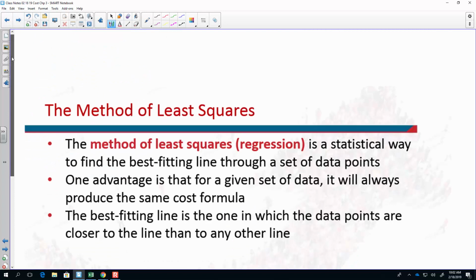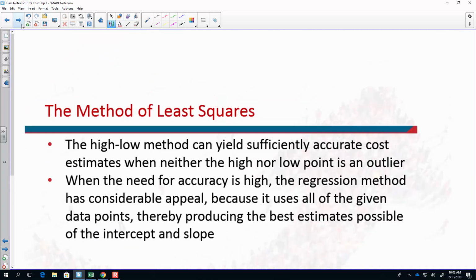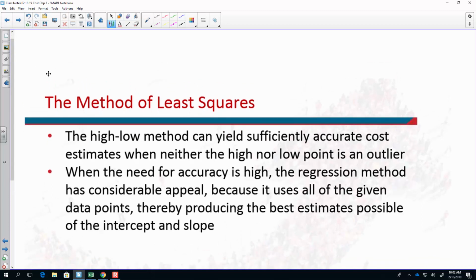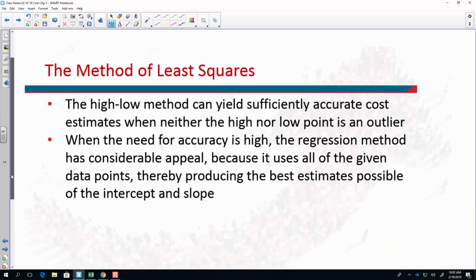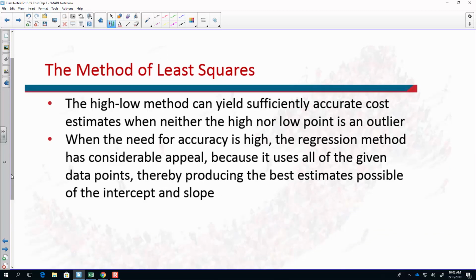What's next? On page 100 of your book, 101, they talk about why least squares regression is a better model to use, and why it's better to use than the high-low method.